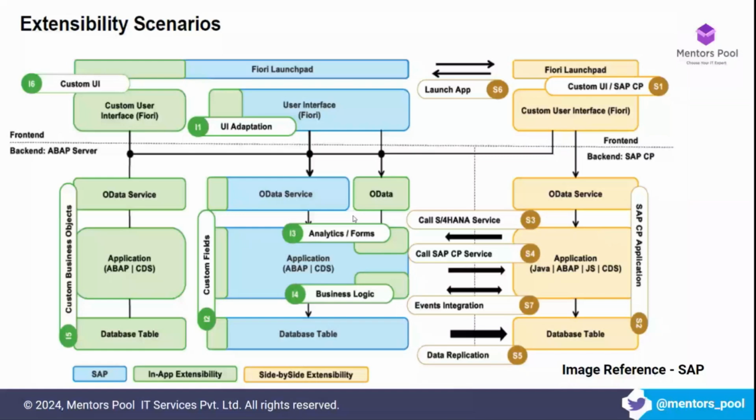But on the far right side, if you would like to have a custom user interface, but the SAP backend stays the same with slight upgrades, you're going to call the SAP Cloud Platform service, or you're going to call the S/4HANA service as is.